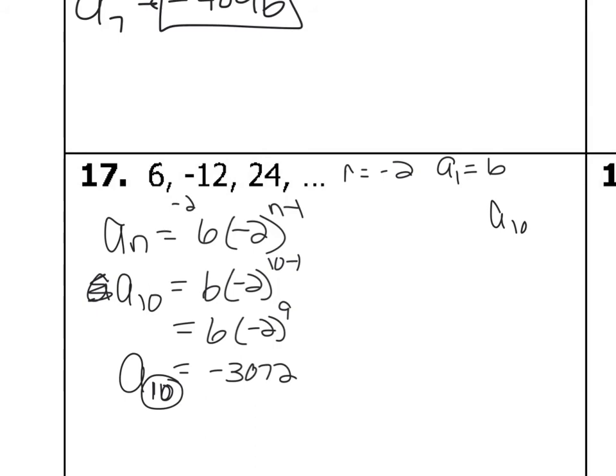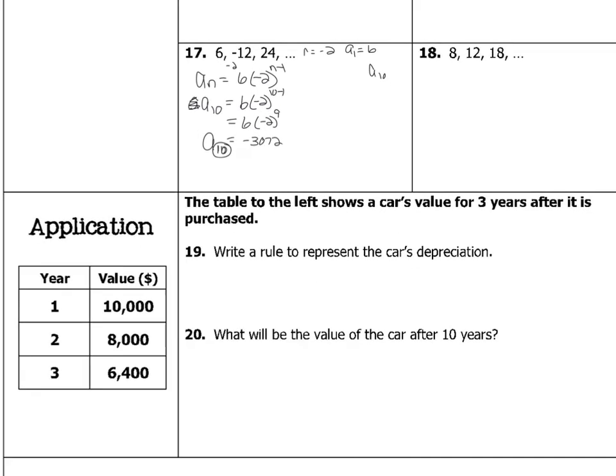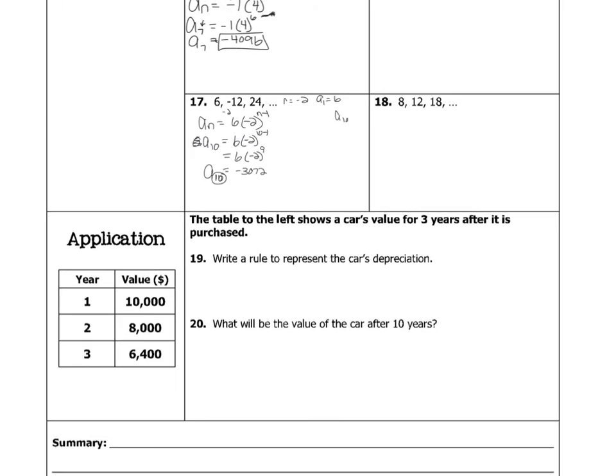All right, let's go and look at number 19. It says the table to the left shows a car's value for 3 years after it's purchased. Write a rule to represent the depreciation. So just like in the table for the exponential functions, you look at the same thing. 8,000 divided by 10,000 is 0.80.